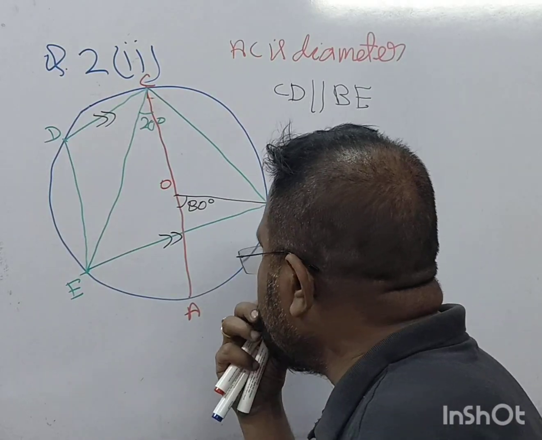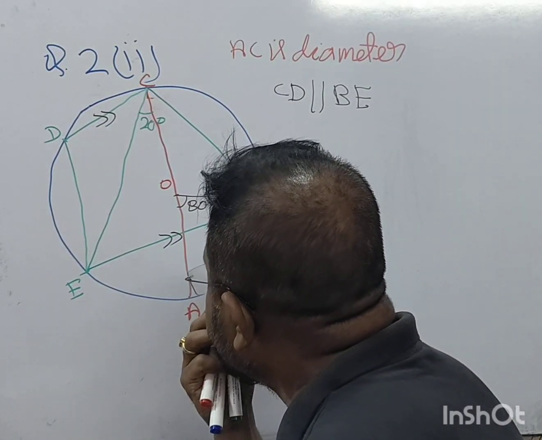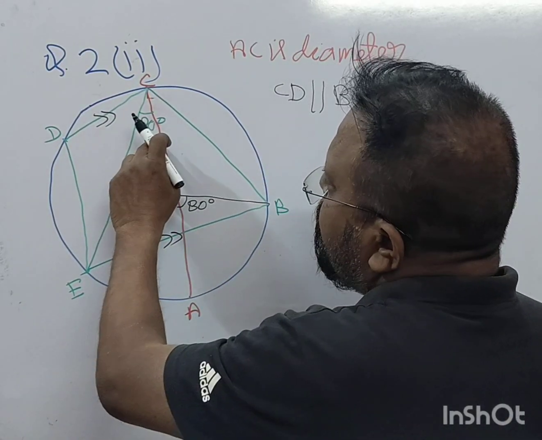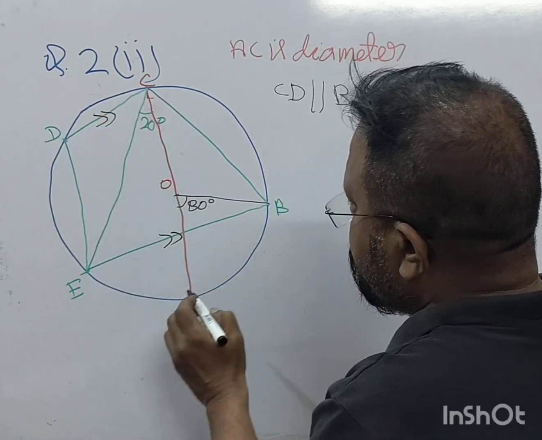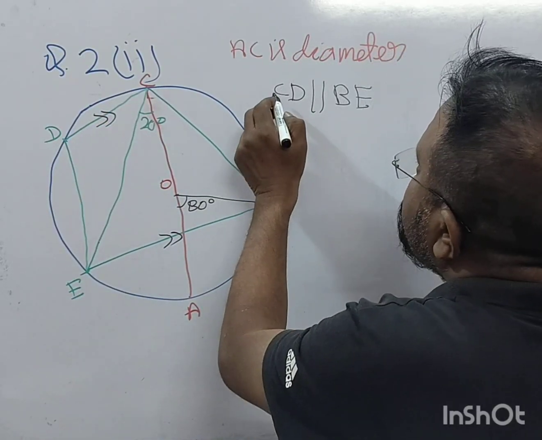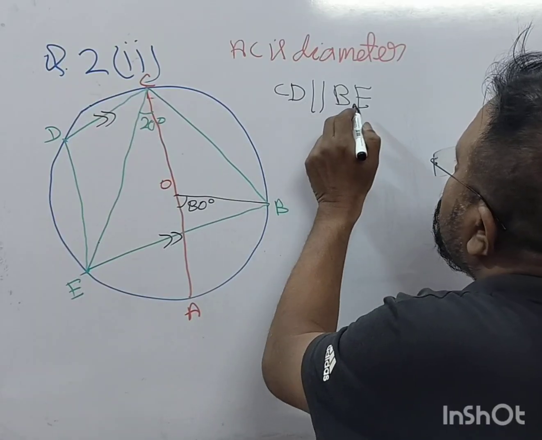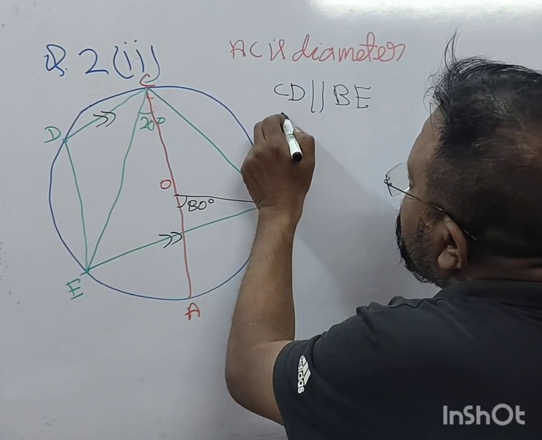When they are parallel, then what happens? This angle will be of 20 degrees, as CD is parallel to BE.